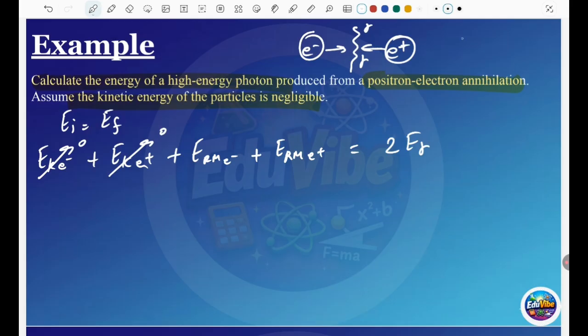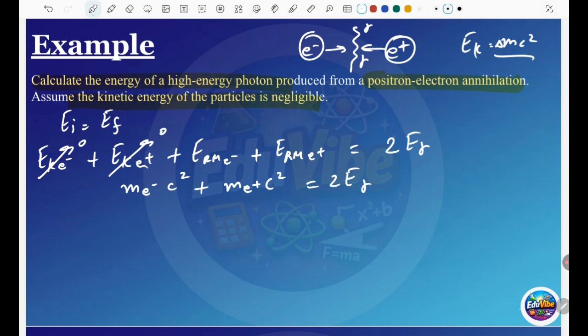Now we use the mass defect formula relating mass and energy, which we already discussed. So we have the mass of the electron times c squared plus the mass of the positron times c squared, equal to the energy of the two photons.